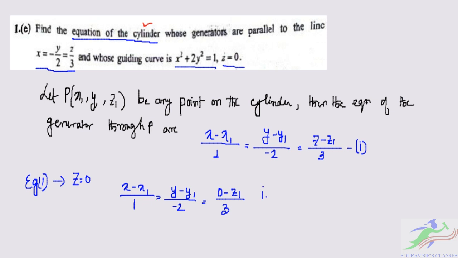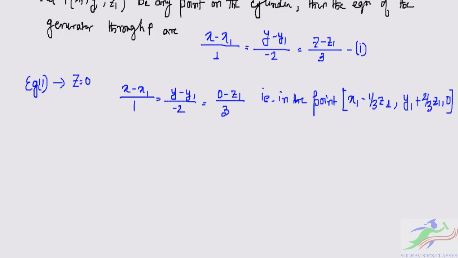So we have to find the point. So the point is x1 minus 1/3 z1, y1 plus 2/3 z1, and z equal to 0. So that is the point.